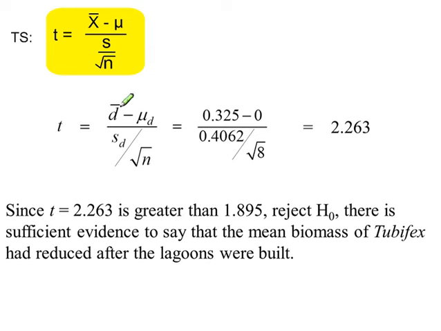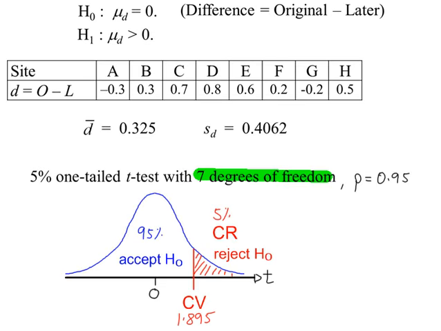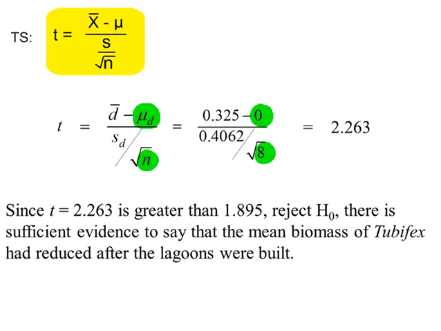So that was the mean of the differences. This value comes from H0, which is 0. N is 8. 2.263 is in the rejection region. It's greater than 1.895. We're going to reject H0. And the conclusion in context.